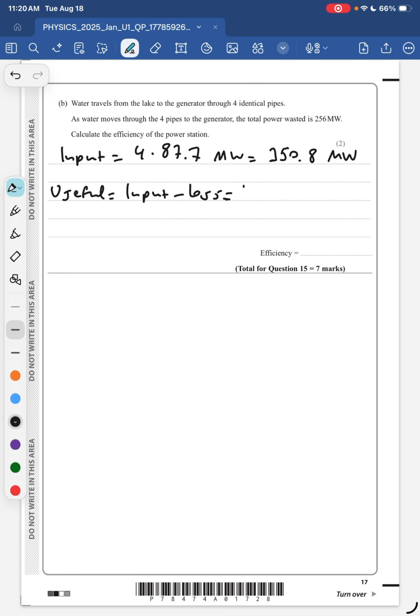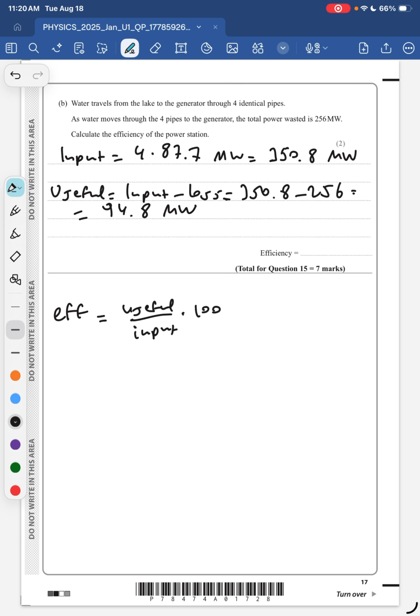The useful energy is equal to the input minus the loss. So that's 350.8 minus 256 due to the loss. So the useful energy we get out is just 94.8 megawatts. So there is a lot of loss, in other words. Okay, so the efficiency is given by the useful energy we get out over the input times 100.